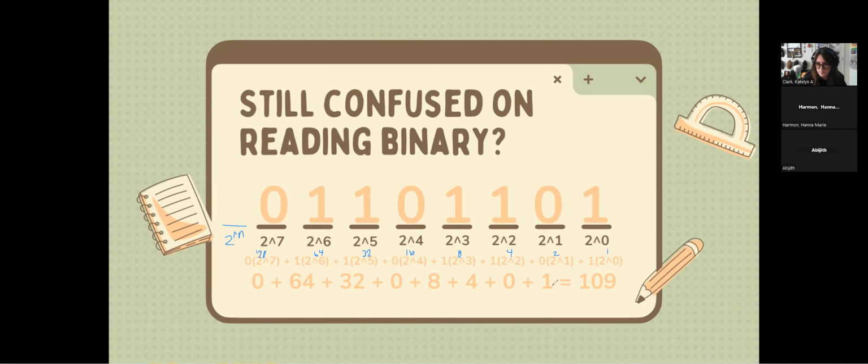So now we know we have 1, 1, 0 twos, 1 four, 1 eight, 0 sixteens, 1 thirty-two, 1 sixty-four, and 0 one-twenty-eights. And we add all that up to get 109. So this is an 8-bit representation of the decimal number 109. And that's how you read any binary number. You always start at the 2 to the 0th and you read upwards, incrementing with each placement.